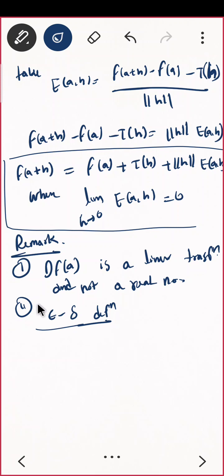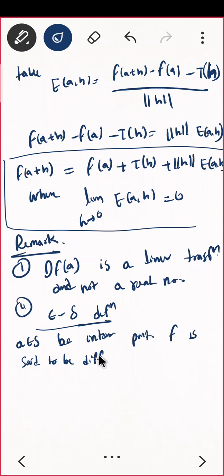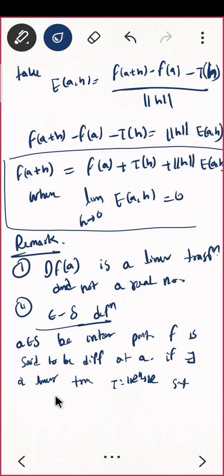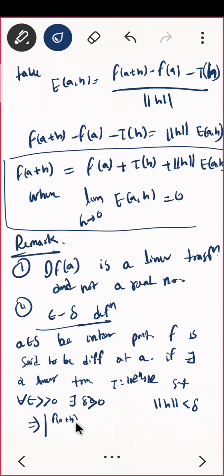We'll start with: let e belong to S be an interior point. f is said to be differentiable at e if there exists a linear transformation T from Rn to R such that for all epsilon positive, there should exist a delta positive such that norm of h less than delta implies mod of f(e+h) − f(e) − T(h) upon norm h.